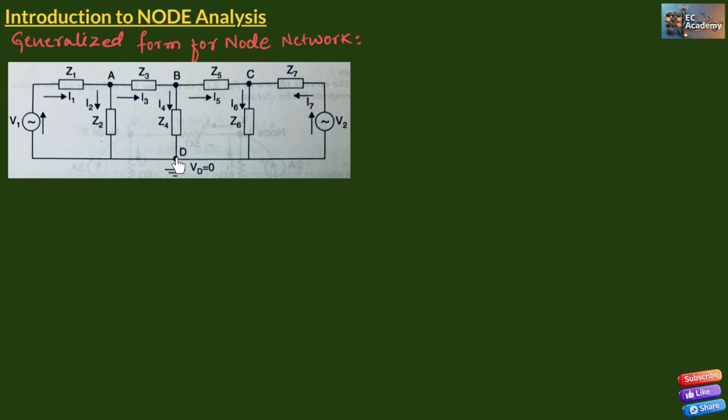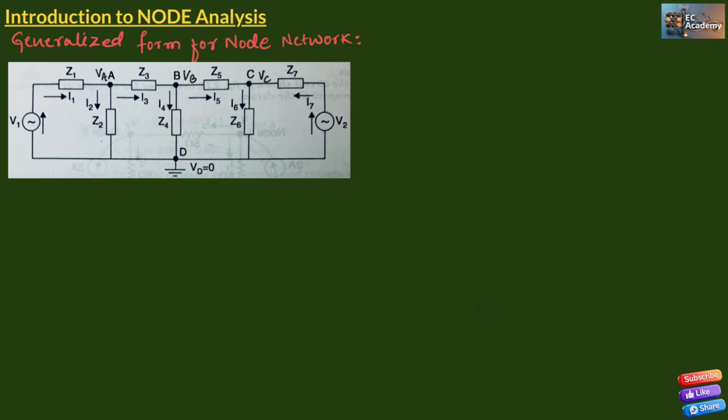In this example, we have identified different nodes as A, B, C, and D. At node A, we have voltage VA. At node B, we have voltage VB. And at node C, we have voltage VC. And the reference node is D, with voltage VD equal to 0.